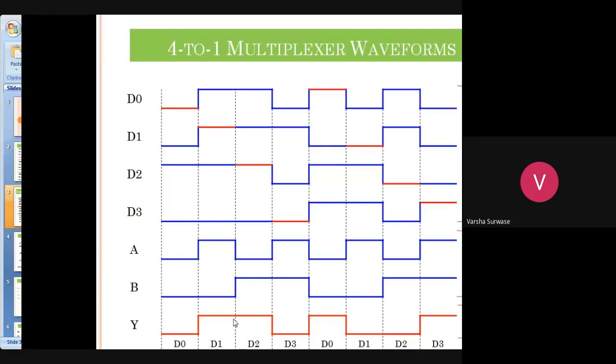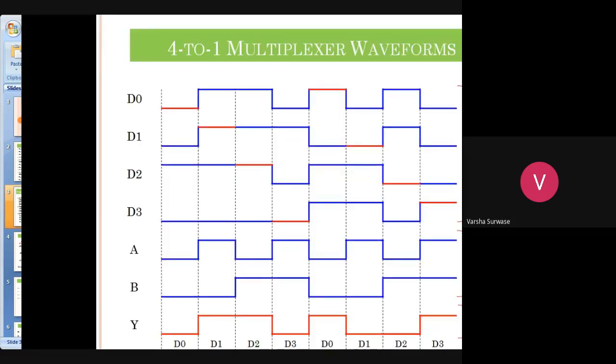So at the output you will get 1. Like this you can derive the output for the mux. So these are the waveforms for the 4 is to 1 mux. When select lines and input data are given to you, you can find the output by using these waveforms.